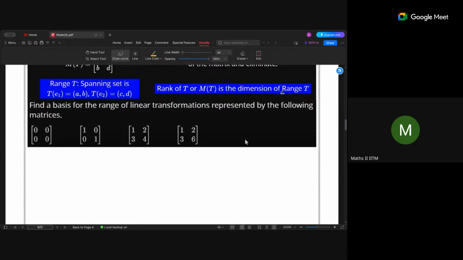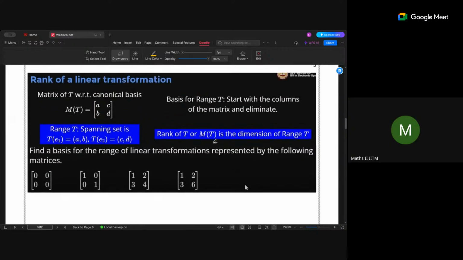Before that, can you say what are the possible values for the rank of T, where T is from R2 to R2? Remember that the range of T is a subspace of R2.